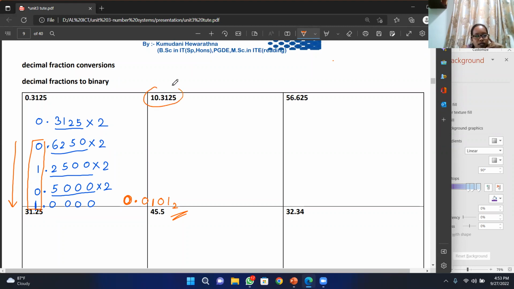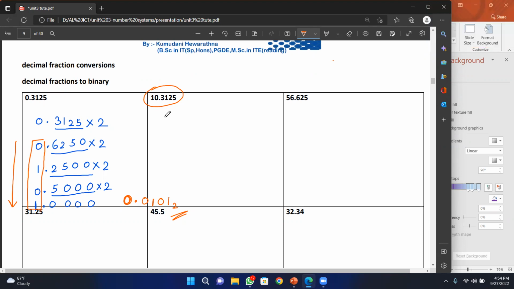Next do the second one, right? Do the second one as well. 10.3125. There are two parts. The whole number part you have to do separately, then the fraction part separately, and then finally you have to join the two parts. Finished, teacher.